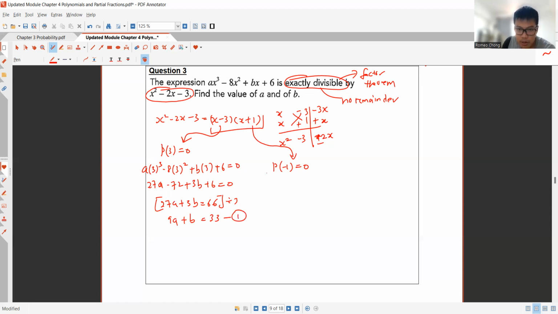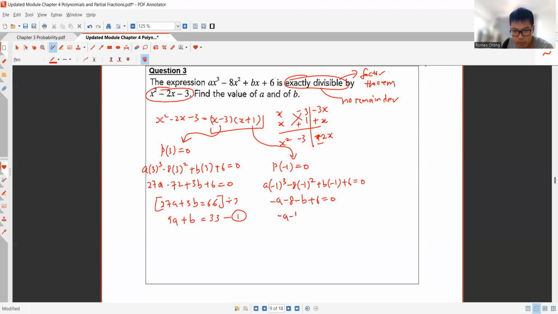From the second part, you have a negative 1 there. So it will be a times negative 1 cubed minus 8 times negative 1 squared plus b times negative 1 plus 6 equal to 0. So you get negative a. The squared term becomes positive, so minus 8. Minus b, because negative 1 times b is negative b, plus 6 equal to 0.